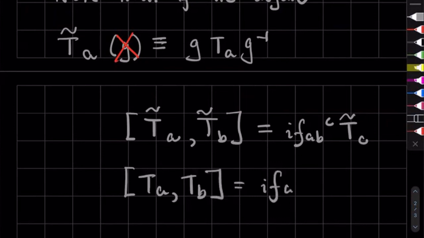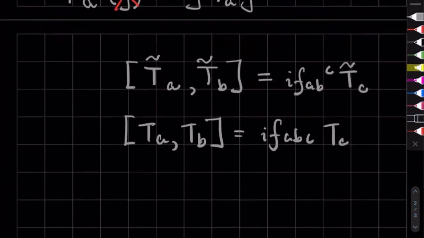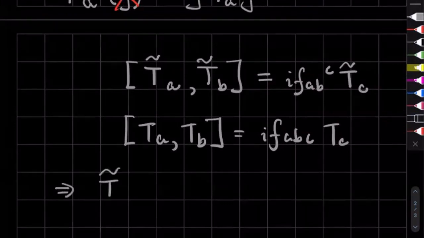They satisfy the same algebra. This means that these T tilde are also elements of the Lie algebra, right? They are not elements of the group or anything. They are elements of the Lie algebra.